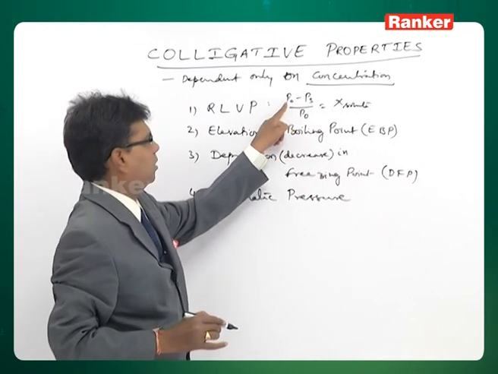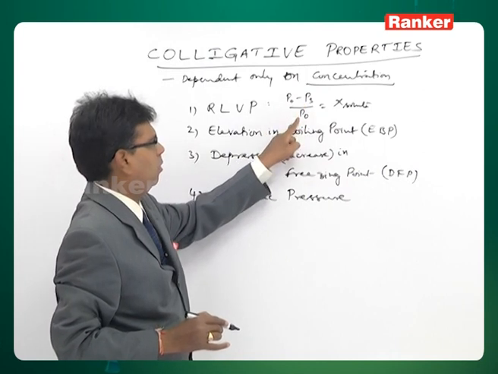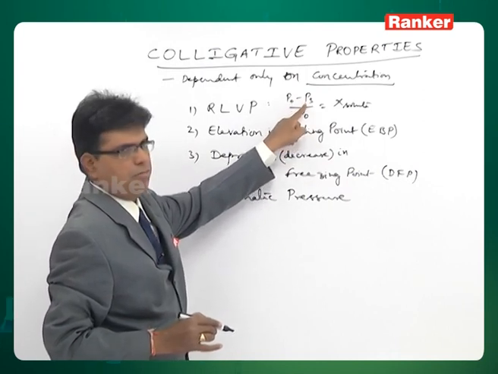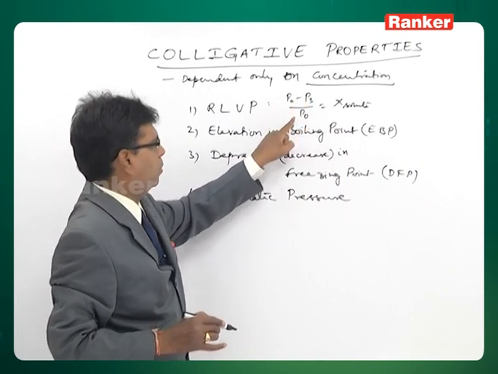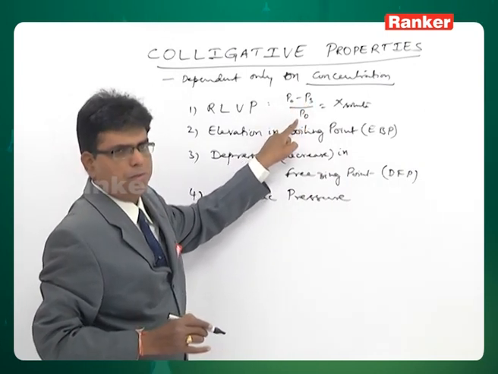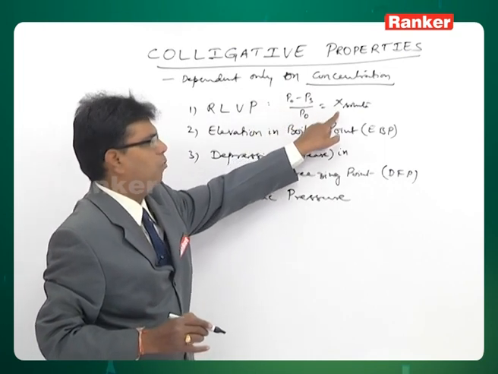P naught is the vapor pressure of the pure solvent, Ps is the vapor pressure of the solution. P naught minus Ps is the decrease in vapor pressure, that is what we call lowering in vapor pressure. Lowering in vapor pressure divided by the vapor pressure of the pure solvent, that is relative lowering of vapor pressure, is equal to the mole fraction of solute.